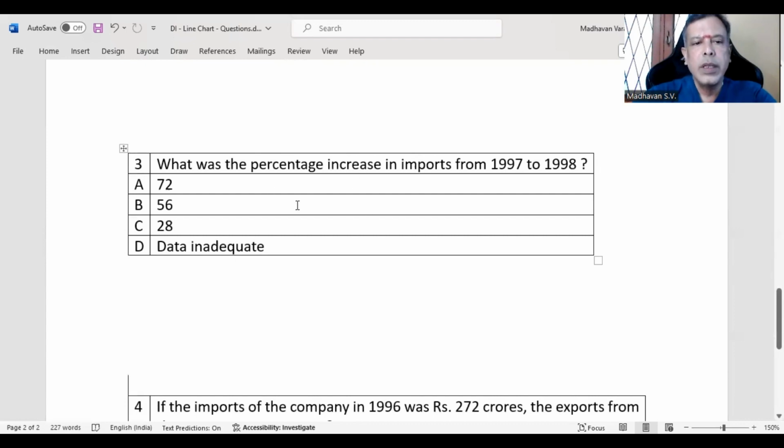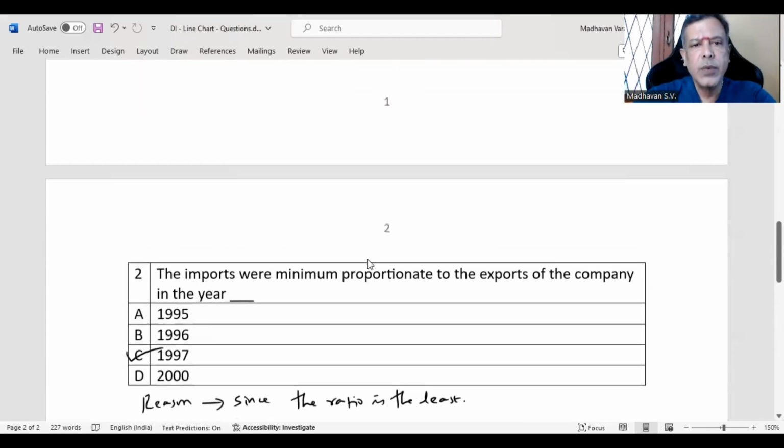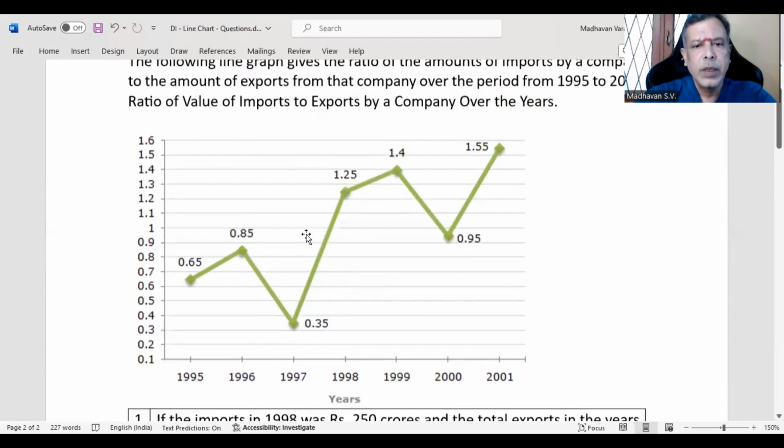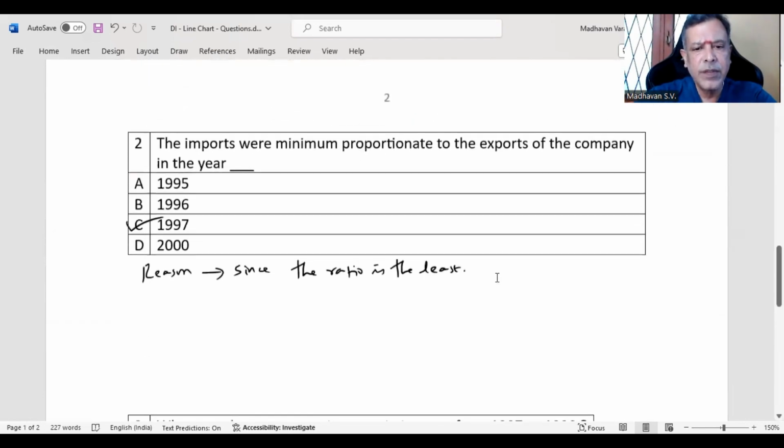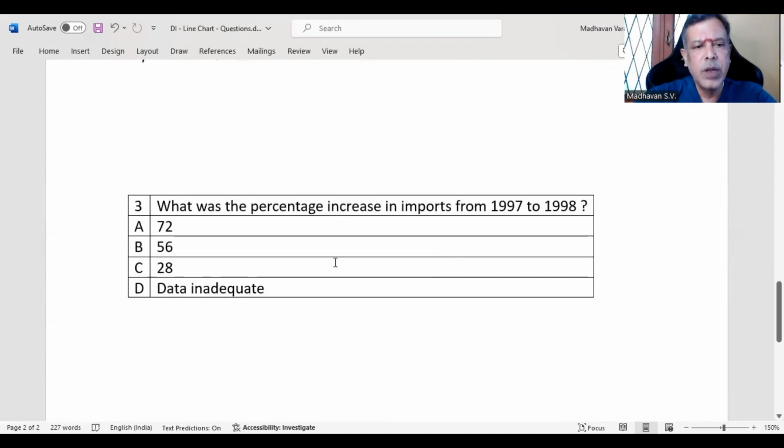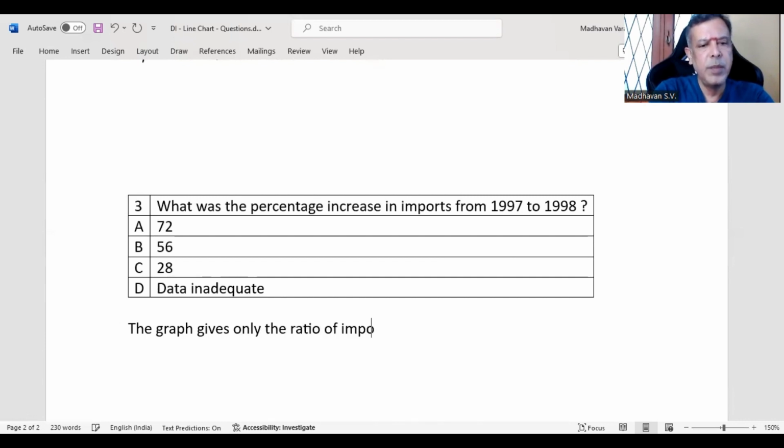So here in this graph, they gave us only the ratios. They haven't given how much the import is or how much the export is. In this case, we can say the graph gives only the ratio of imports to exports for different years.